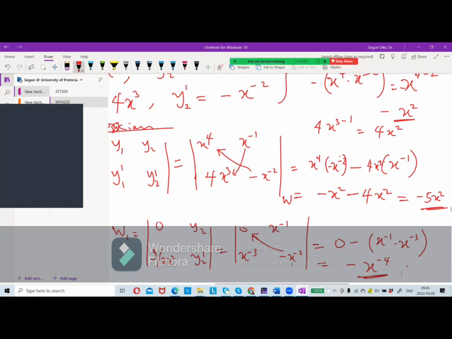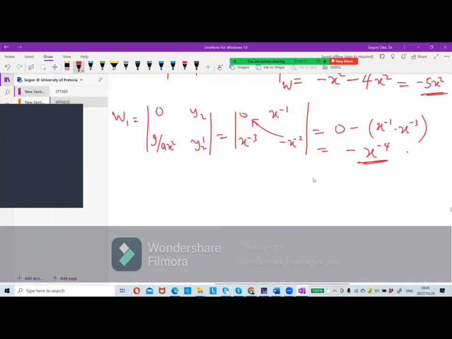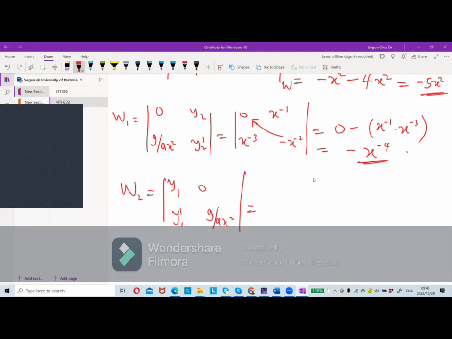So the last one we need to do before you write your YP. We are still looking for YP, don't forget. W2, what's the formula for W2? Y1, 0, Y1 prime, G over AS squared. What is Y1 now?